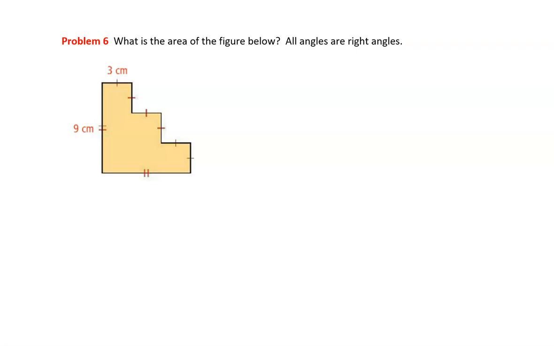When you look at that, we see a staircase, but when you look at the formulas that we learned, we had the area of a circle, a triangle, a square, and a rectangle. A staircase doesn't fit any of those. So you're going to break it up into those formulas that we know, whether it be rectangles or squares or half circles or circles, and then add them all together.